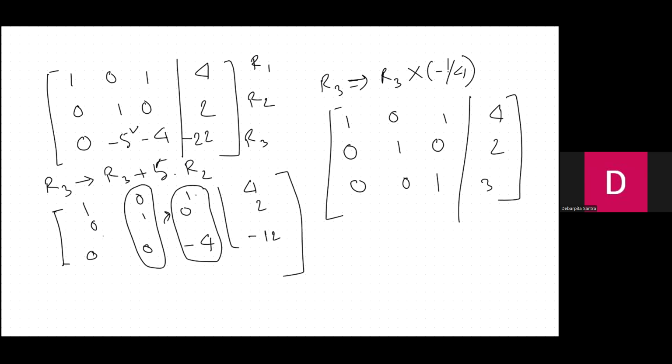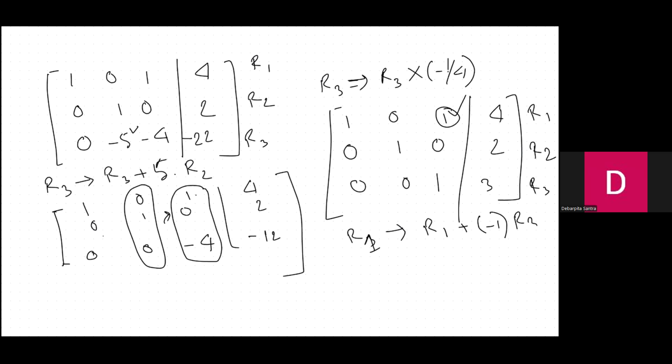We are not finished yet. There is 1 also, that should become 0. So what operation we have to follow? This is our row 3. This is our row 2. This is our row 1. So if we do like this, row 1 is equal to row 1 plus this 1 should be multiplied with minus 1 into row 3.